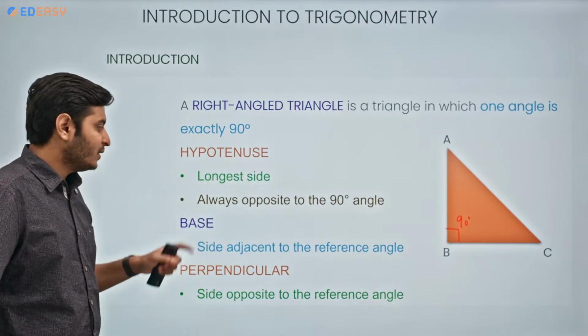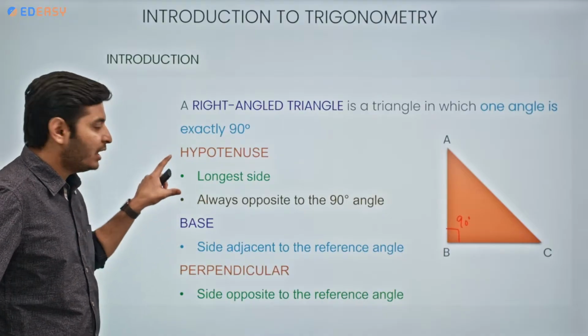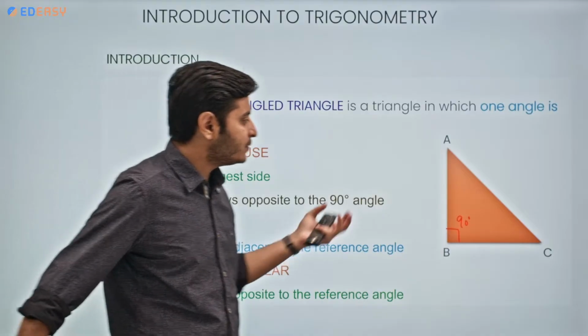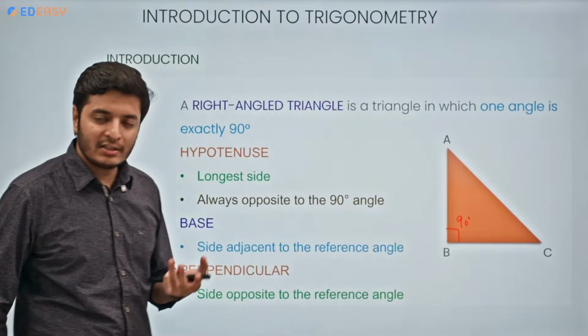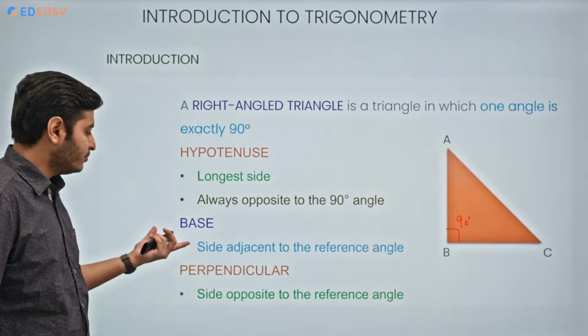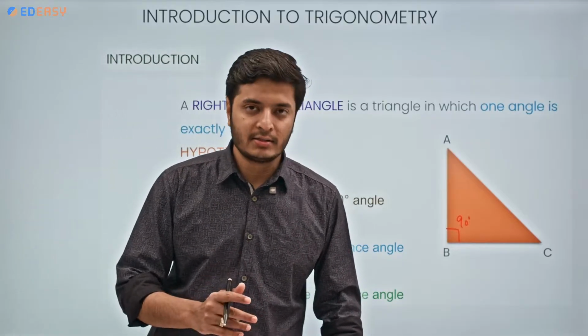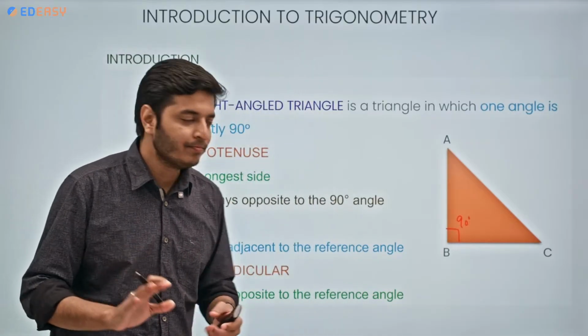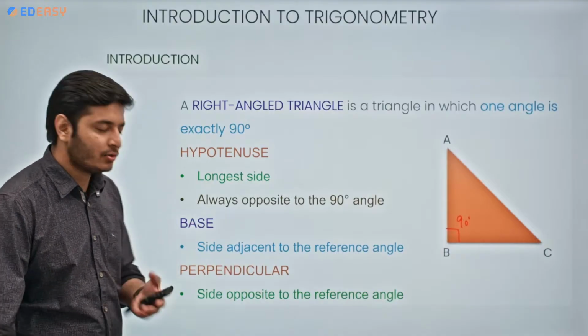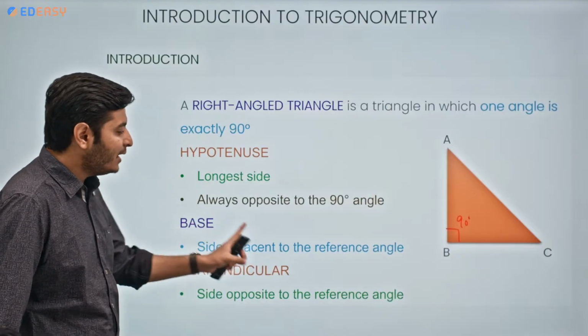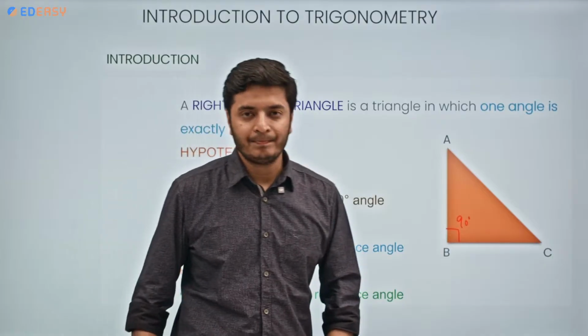Now, if we have the hypotenuse, do we have names for the other sides also? Yes, we can call them base and perpendicular, but it depends on what angle we are considering. I will explain this concept also, but understand the basic terminology for now. Base is the side adjacent to the reference angle.